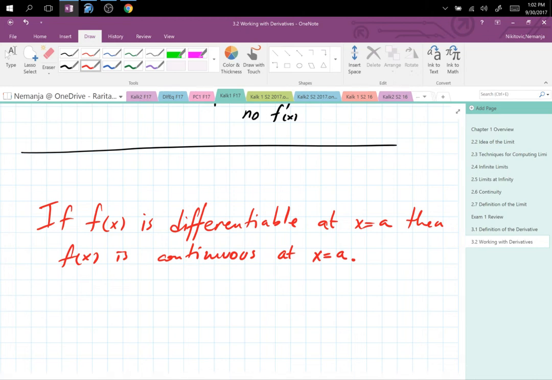These are all polynomials. They don't have vertical asymptotes. They don't have jumps. They don't have spikes and cusps, nothing. They're smooth. So they're differentiable everywhere because they don't have vertical asymptotes and they don't have spikes and cusps. Therefore, by this theorem, they're continuous.